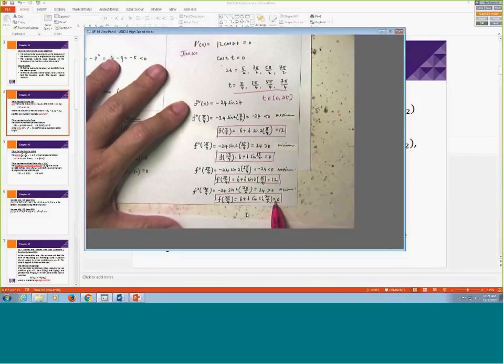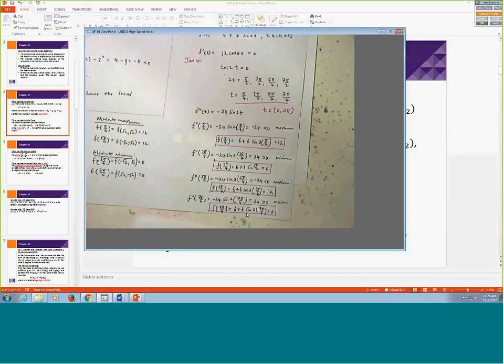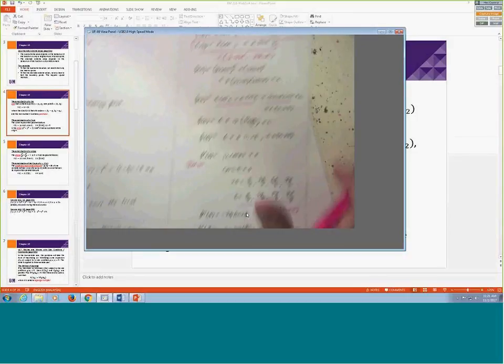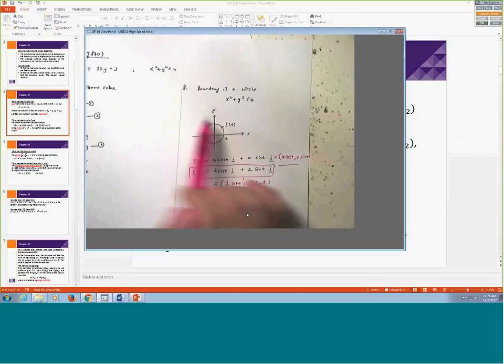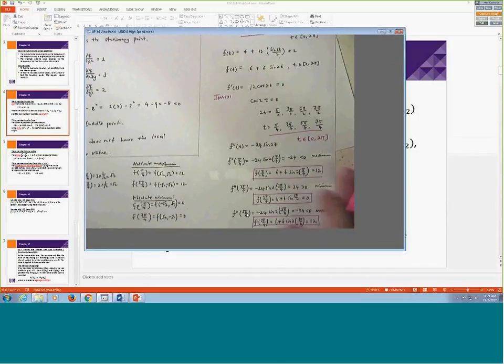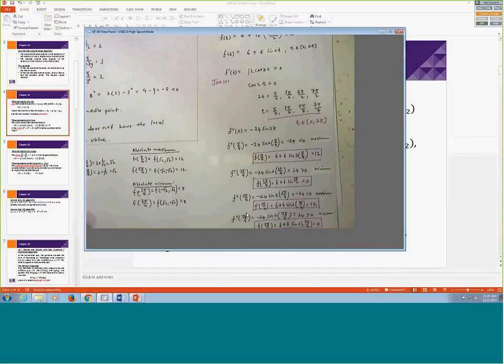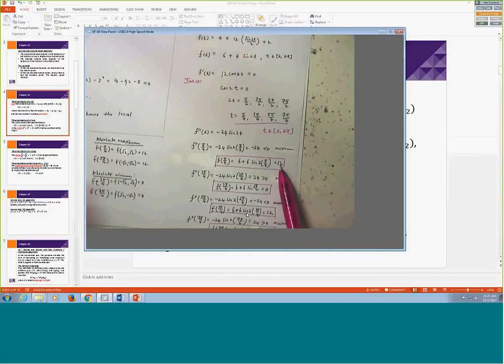And don't forget you need to also find the value at the endpoints, but there is no endpoint here. So we compare the values here: 12, 0, 12, 0.